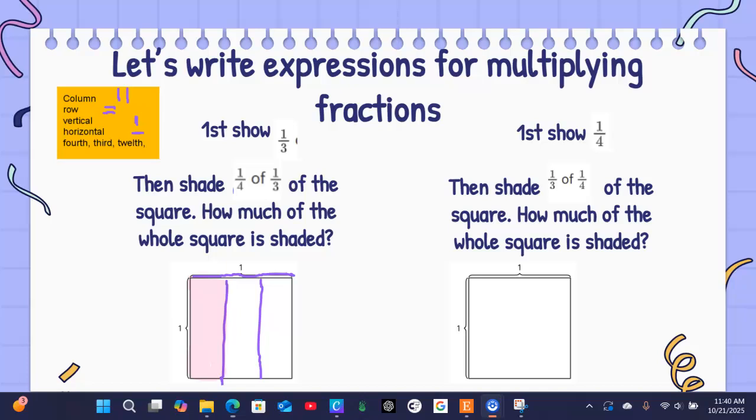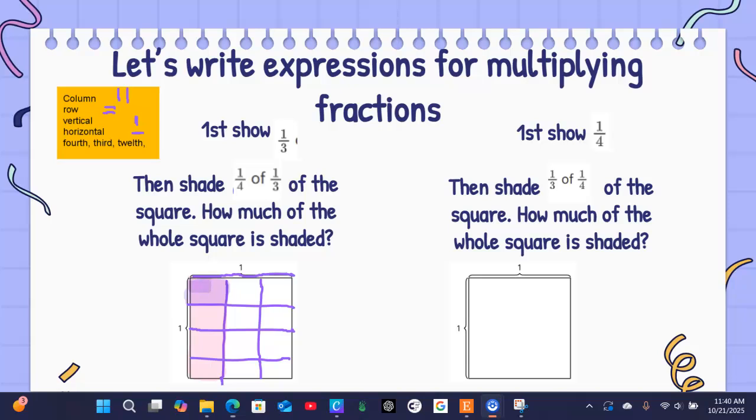So I'm going to go ahead and partition my fourths now. And now it says shade 1/4. Let me go ahead and get another color. As you can see, like yesterday we were talking about macaroni, this represents one person's portion.